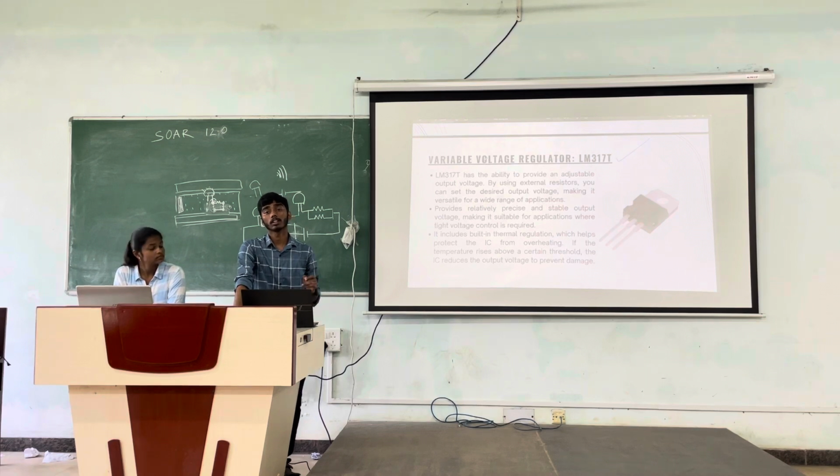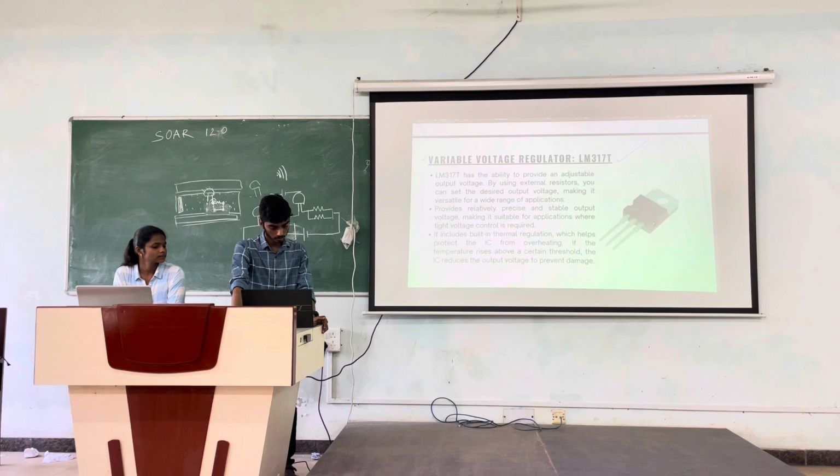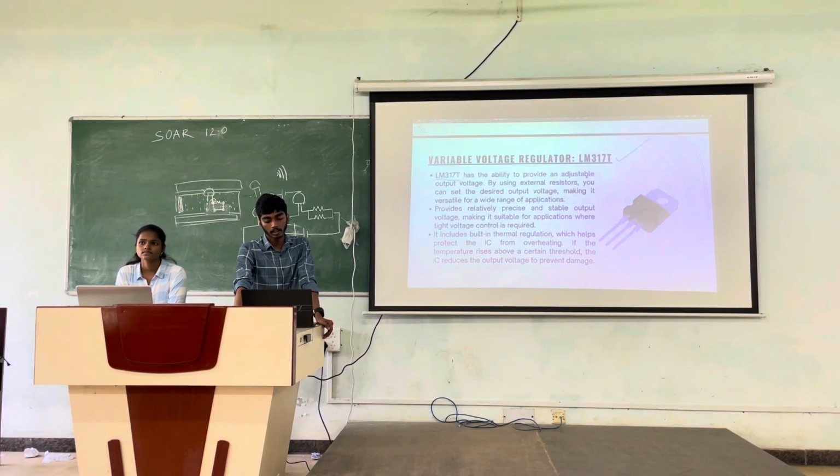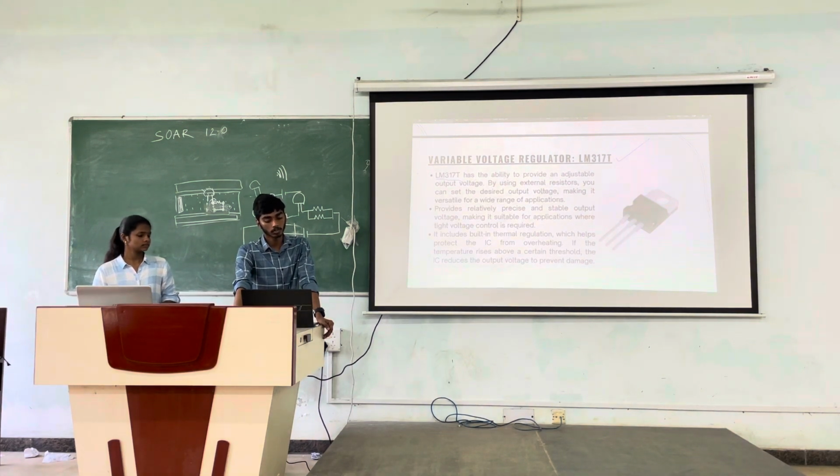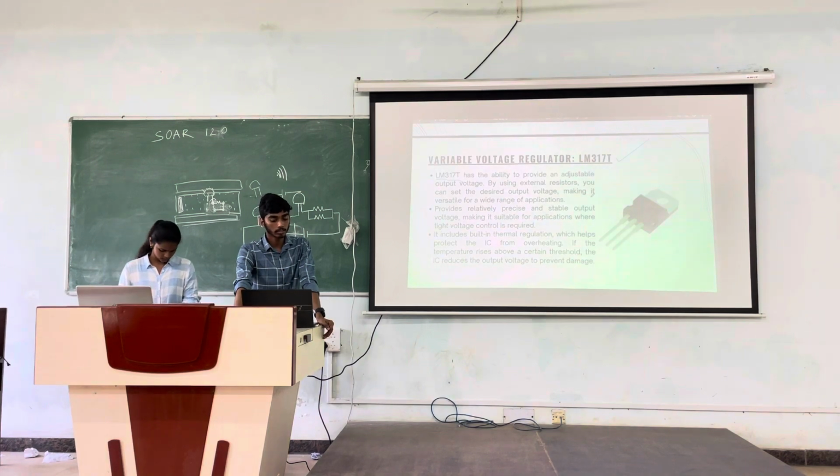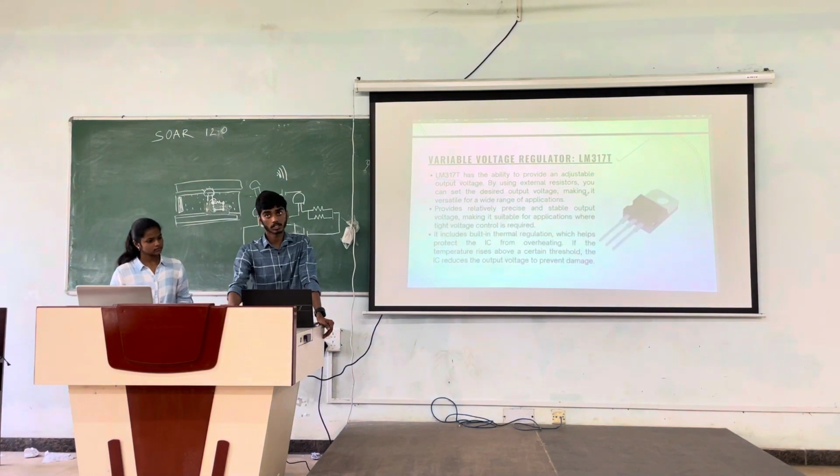Let's read this first. The LM317 has the ability to provide an adjustable output voltage. By using external resistors, you can set the desired output voltage, making it versatile for a wide range of applications.